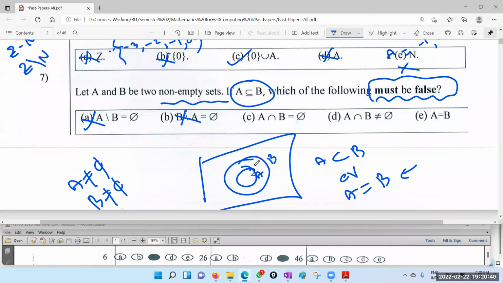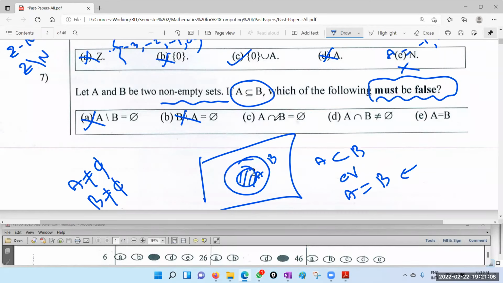A intersection B is basically A, but they say A is not equal to 5, B is not equal to 5. So they definitely say that A is not equal to 5 and B is not equal to 5. And A is inside B. Therefore, can this be 5?